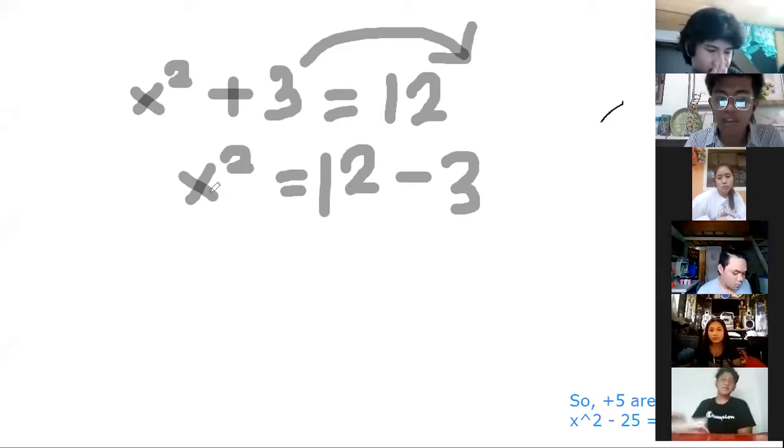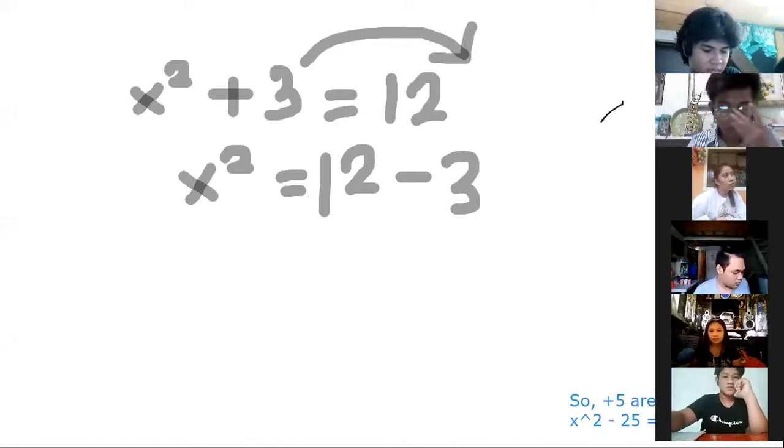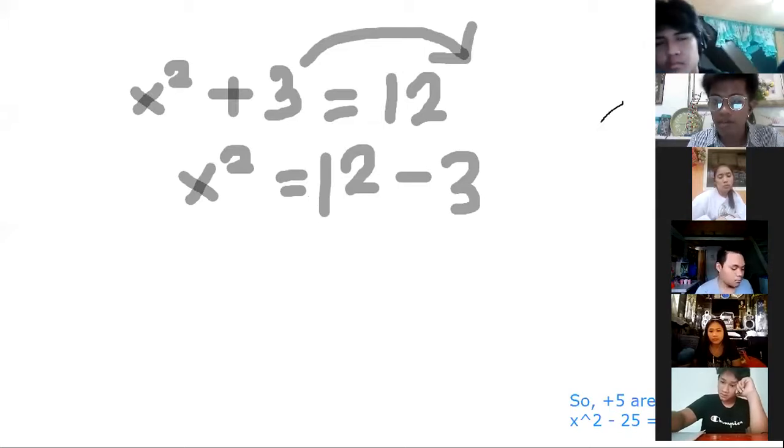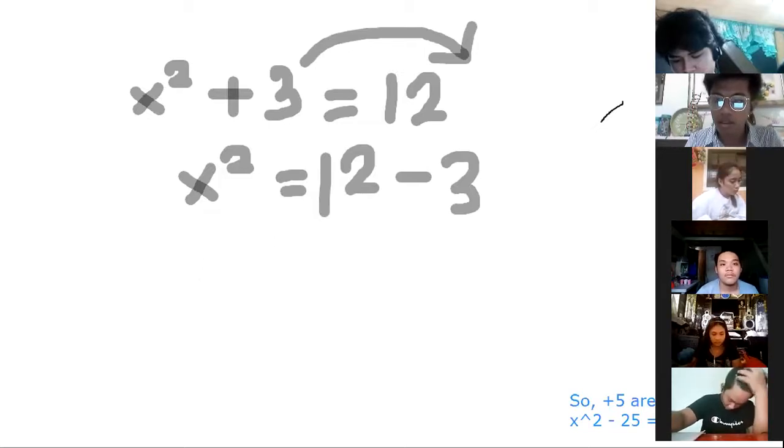Now, we have here x squared is equals to 12 minus 3. Let's ask Michael. Michael, pa-unmute ako, kuya. Okay. Michael, anong gagawin sa 12 minus 3? Ipagpa-plus o ipagma-minus? Hindi siya nagsalita. Wait lang.